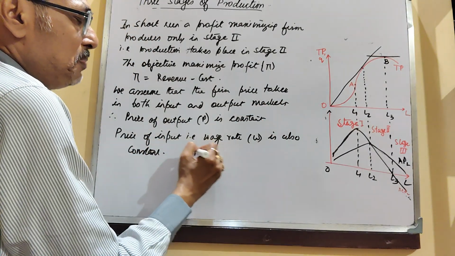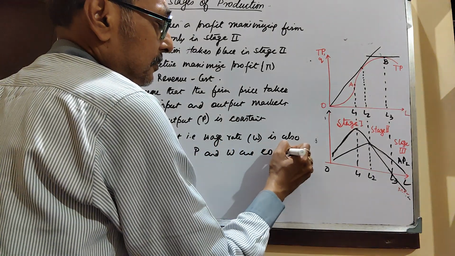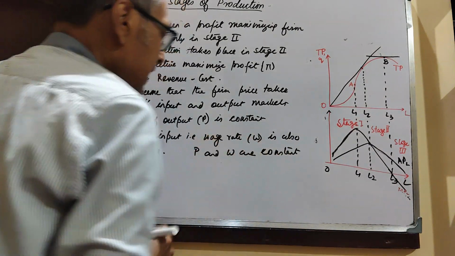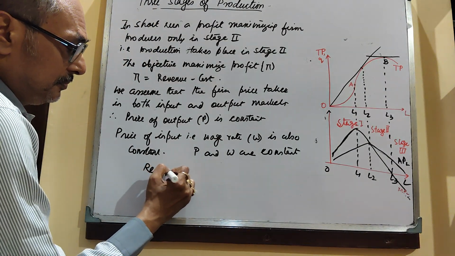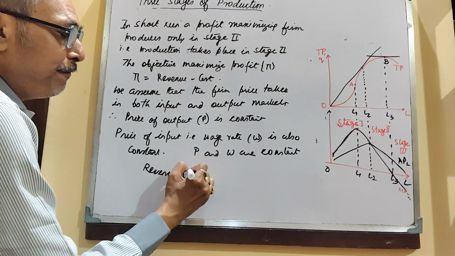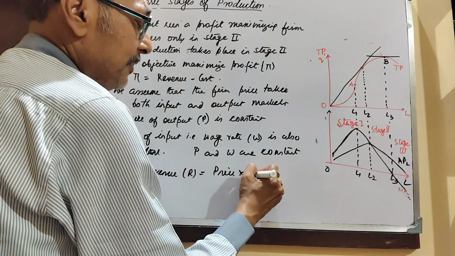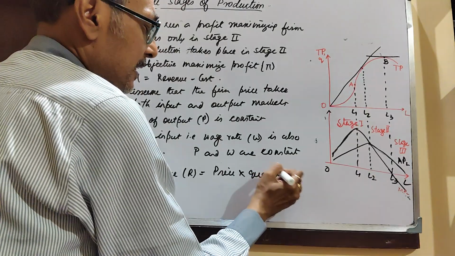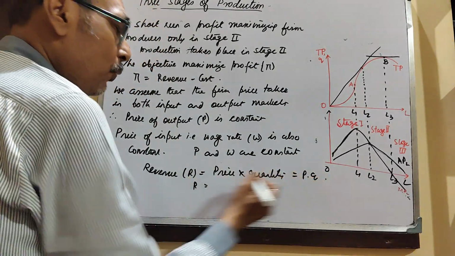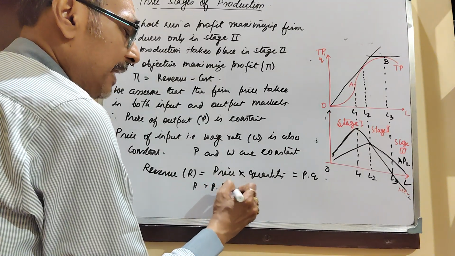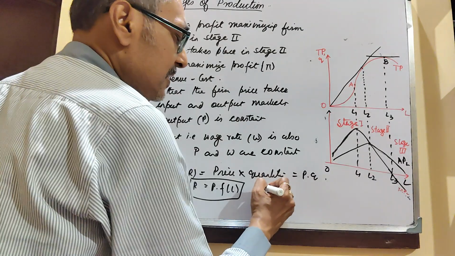That is, P and W are constant. Now what is revenue? Revenue is defined as price into quantity, that is P into Q, and we know Q equals F of L. This is our revenue. And what is cost?